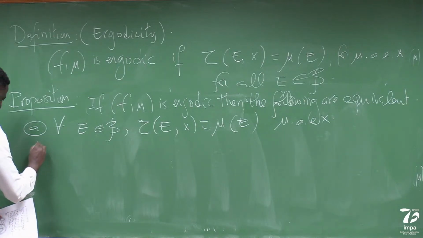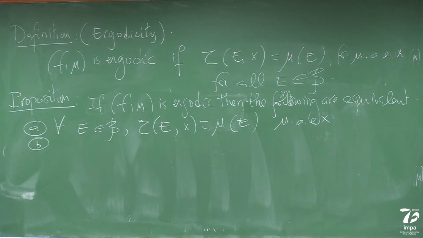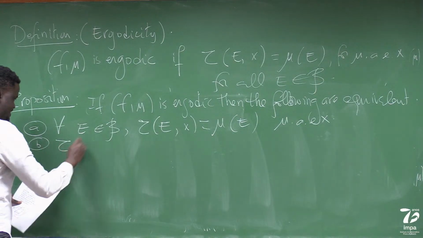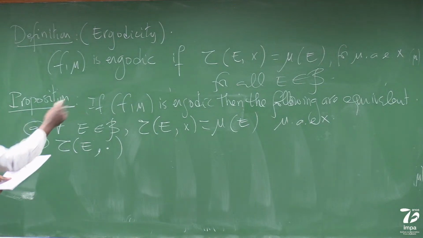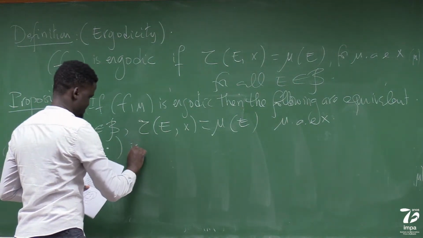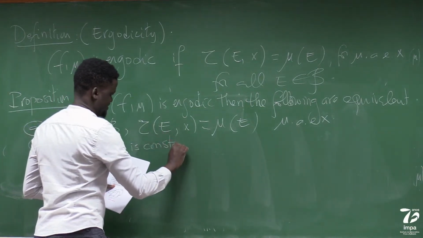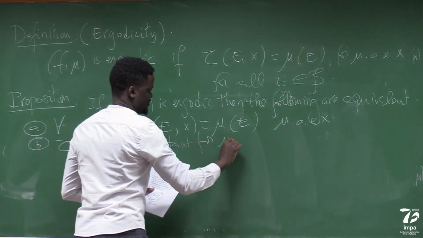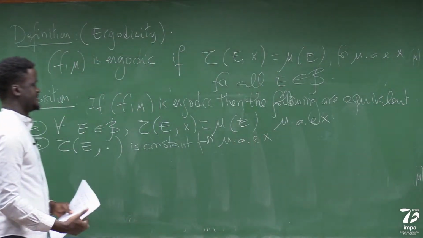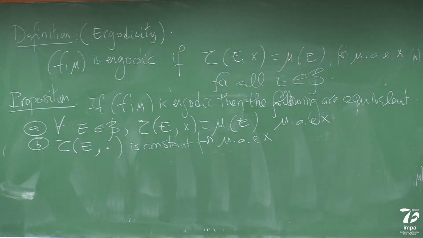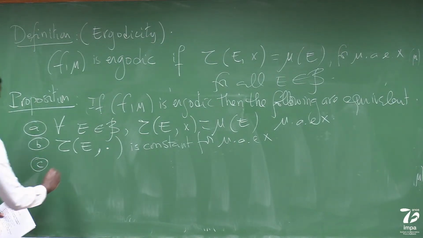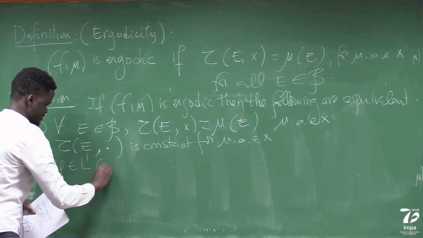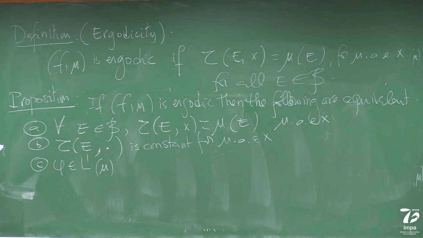Okay, so I'll be writing a lot of trivial things here. Tau E of x is constant for mu almost every x. C is that for every phi, if you start with an L1 function, you have phi tilde.